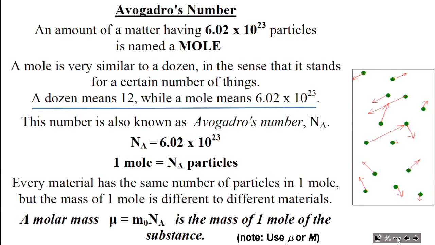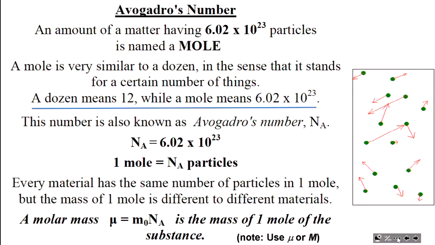And by definition, it's a specific amount of matter which has a specific number of particles. This number, 6.02 times 10 to the 23rd, was named for the physicist Avogadro, so it's the Avogadro number. And any amount of matter which has this number of particles is called 1 mole.